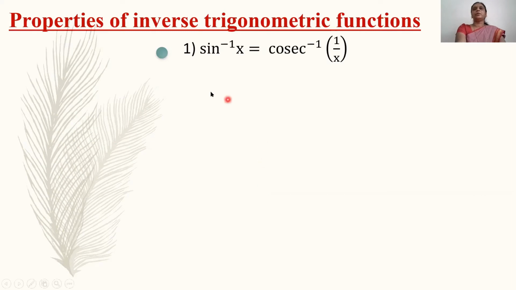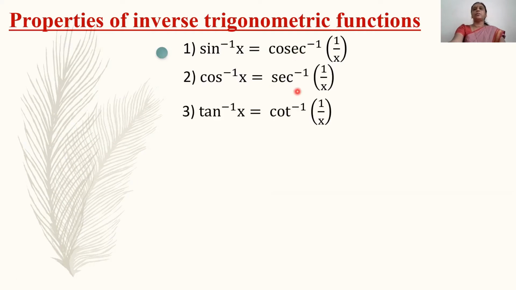Now see the first property: sin inverse x is equal to cosec inverse 1 upon x, cos inverse x is equal to sec inverse 1 upon x, and tan inverse x is equal to cot inverse 1 upon x. These three properties are similar, therefore I have kept all three in one bunch.